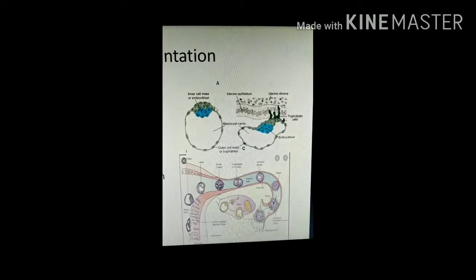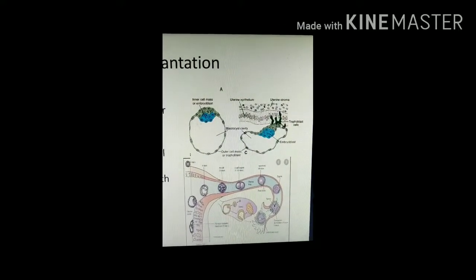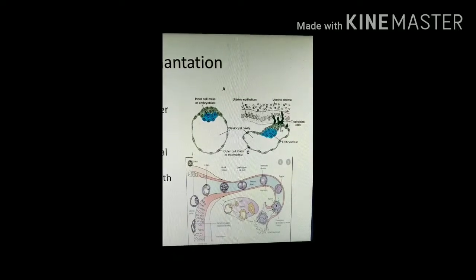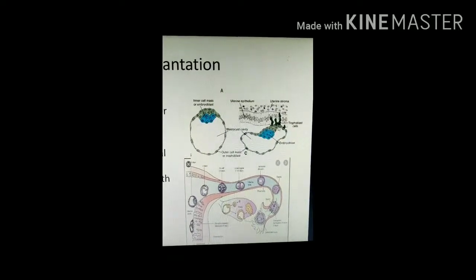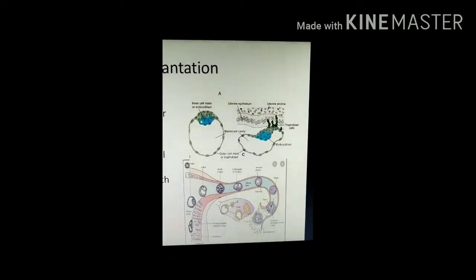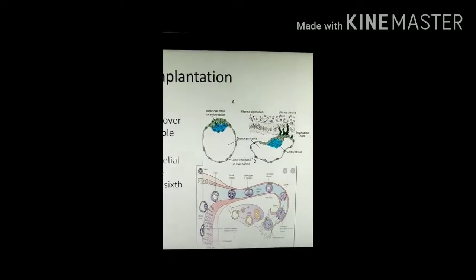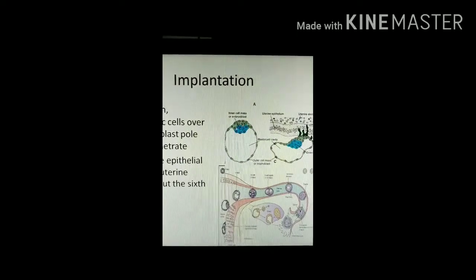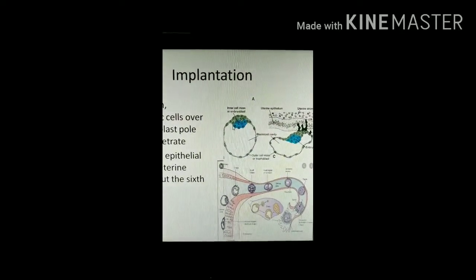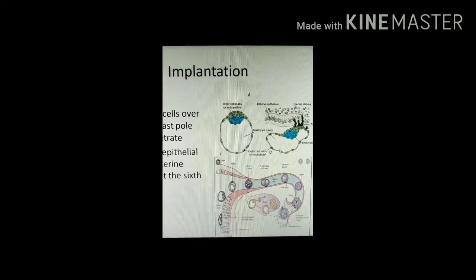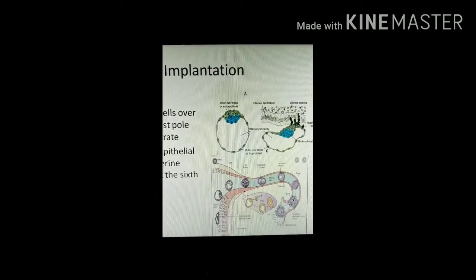This region touches the endometrium and gradually penetrates the endometrium of the uterus. This is the embryonic pole and the opposite is the abembryonic pole. The trophoblast cells over the embryoblast pole first begin to penetrate the epithelium of the uterus. This is the first beginning.